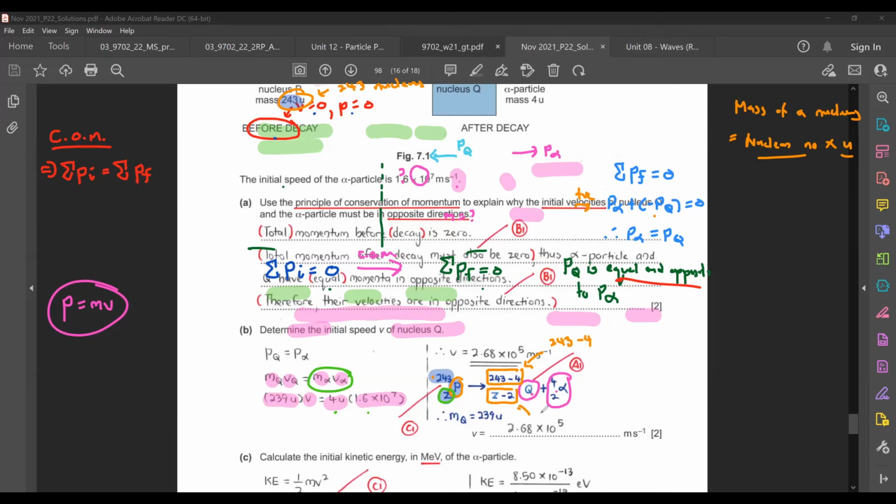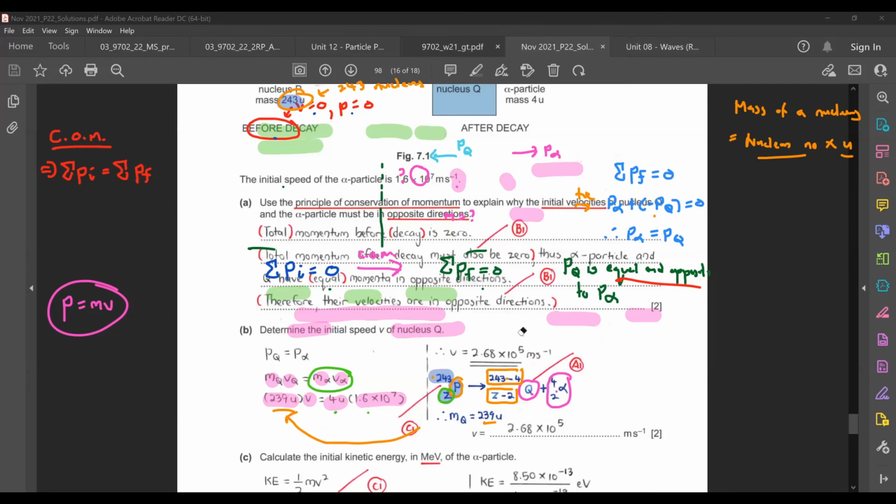This one will just be Z minus 2. Eventually I will get the nucleon number as 239. My mass of Q is therefore 239U. That's why I can put it here as 239U. Even though the question never stated it, it can be deduced from the information given inside the question.